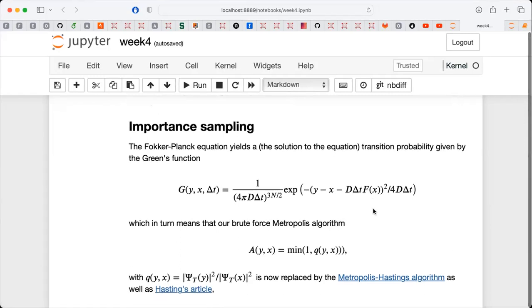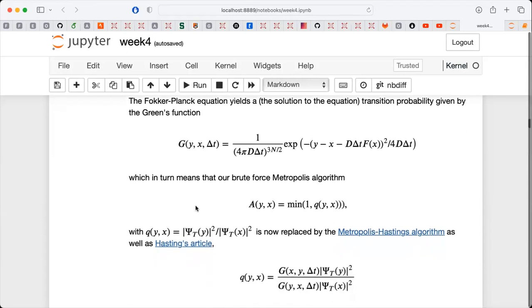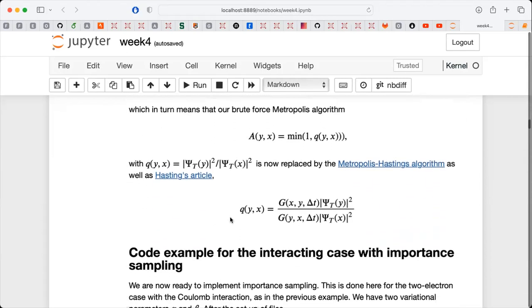So when I take the ratio, I need to take the ratio of these two transition probabilities. This ratio is the Metropolis-Hastings algorithm being implemented. We now have a ratio between these g's, or transition probabilities, which is different from 1, and then we multiply this with a trial wave function ratio. This is the ratio we are going to use in the Metropolis algorithm in order to accept or reject a specific move.